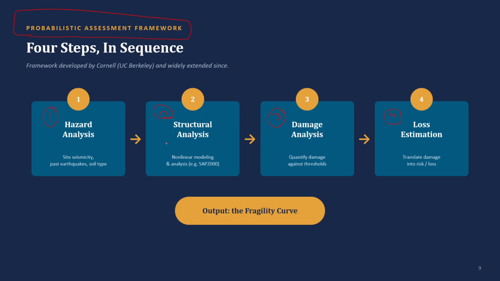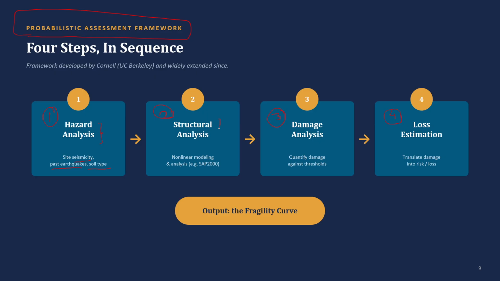I will just explain these four points, and in the next video we'll see how we develop the fragility curve. Hazard analysis means we are dealing with the particular site where the structure is located, the seismicity of that site, the past earthquakes, and the soil type. These things we study in hazard analysis.